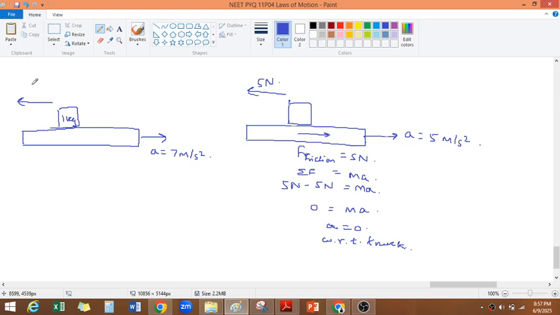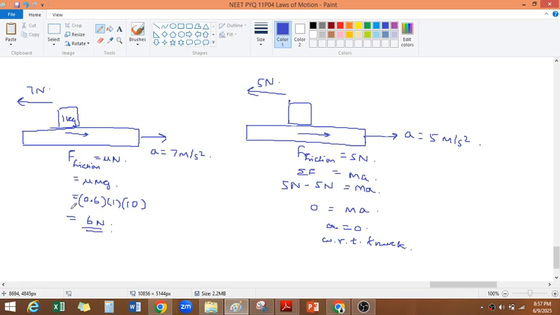That means 7 Newton is acting this way. But the F friction is determined by mu into N. So F friction is equal to mu into mg. So same value we will get. 0.6 into 1 into 10. So that means it will be 6 Newton.